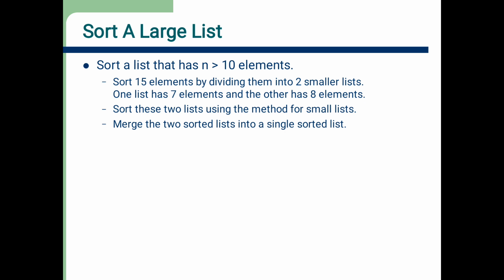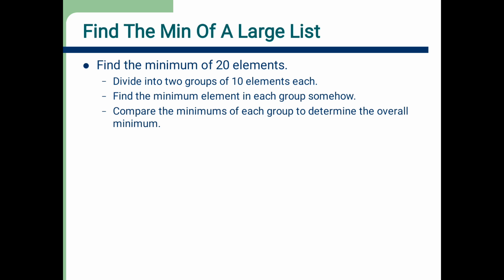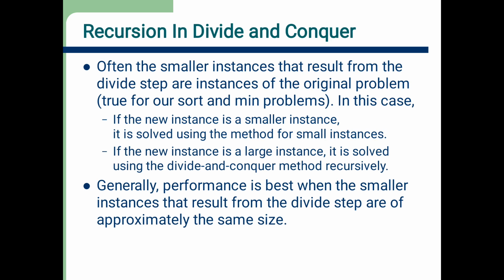We have a list of elements and we divide that array into two parts by using mid plus 1 by 2, and find the minimum of 20 elements. Divide into two groups of 10 elements each, find the minimum element in each group, and compare the minimum of each group to determine the overall minimum number.